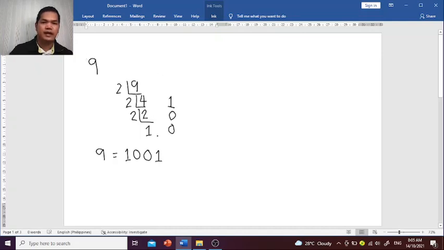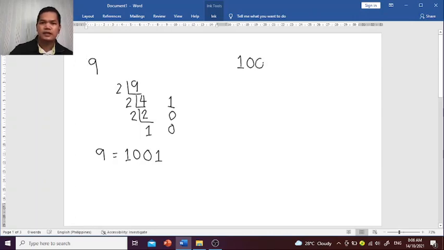So all you have to do is to remember the placement of each number. We're going to start at the bottom, followed by this one, the other one, and this one.